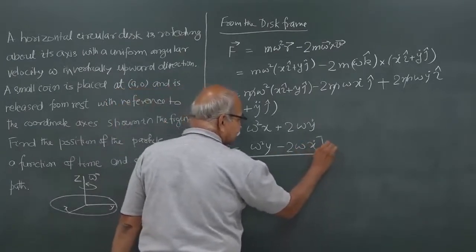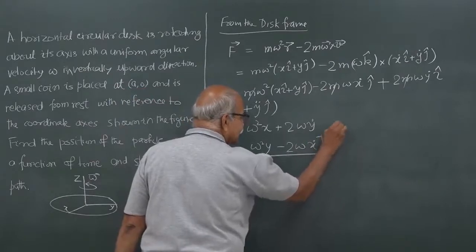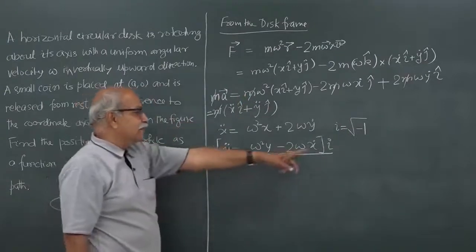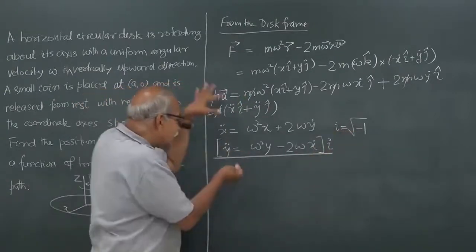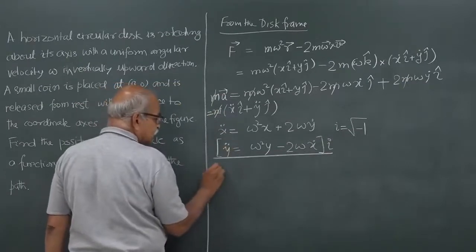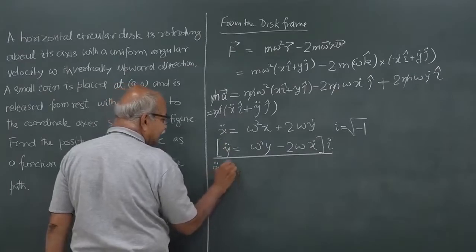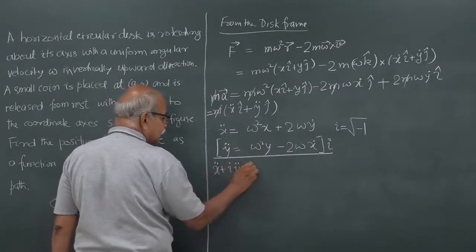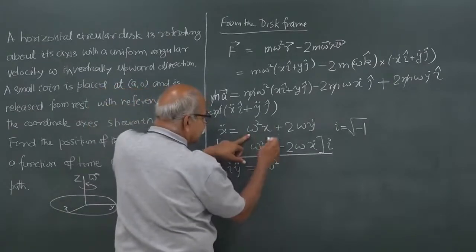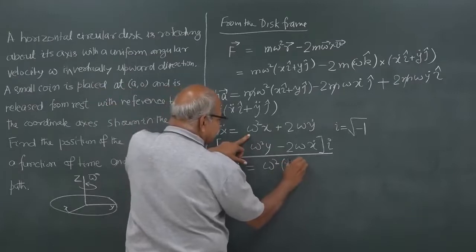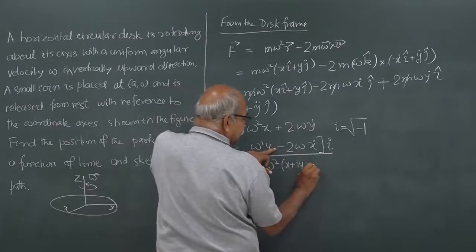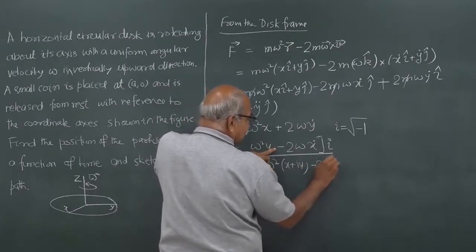by i. What is this i? This i is square root of minus 1. It is not i cap, it is just i, which is square root of minus 1, and then add these two: x double dot plus i times y double dot is equal to omega square times x plus iy, and here 2 omega, let us take minus 2 omega common, we are adding.